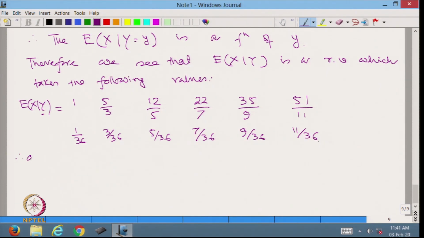Therefore, what is the expected value of the expected value of x given y? That is a very interesting question. Note that this expectation is with respect to y.